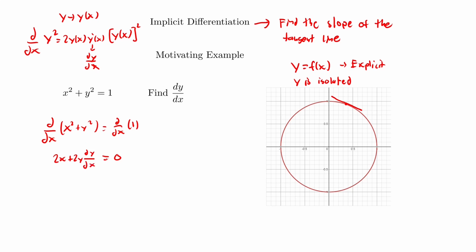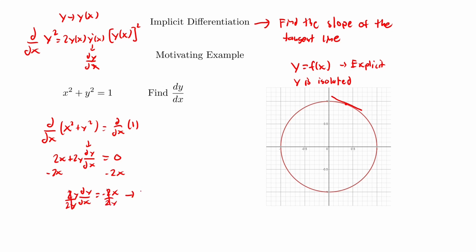Okay? Now, in order to find dy dx, we're going to solve for the dy dx part of this equation. So we're going to need to subtract 2x from both sides. And then we're going to need to divide both sides by 2y.